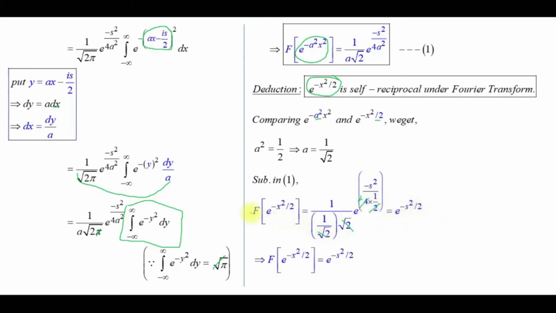That is, Fourier of e power minus x square by 2 equals e power minus s square by 2. Note that both are the same. The only difference is here x, here s. Therefore, this function is self-reciprocal under Fourier transform. So this implies e power minus x square by 2 is self-reciprocal under Fourier transform.